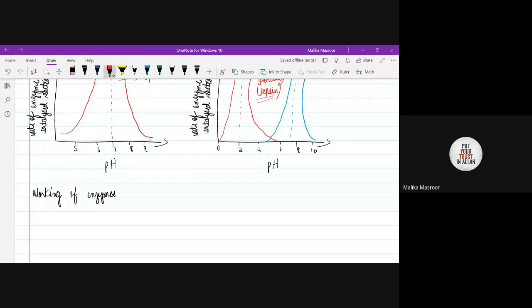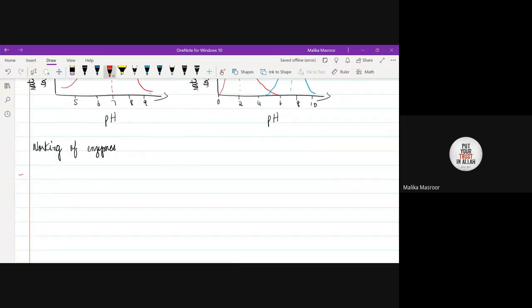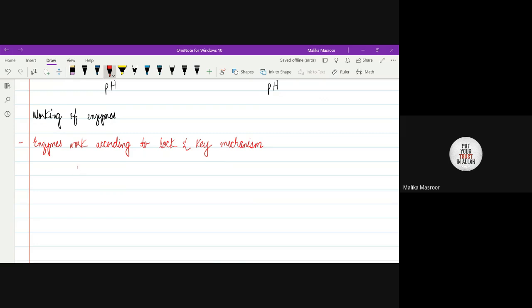So enzymes work according to the lock and key mechanism. Enzyme is your lock. Let's say this is your enzyme. Let's say this is a substrate.